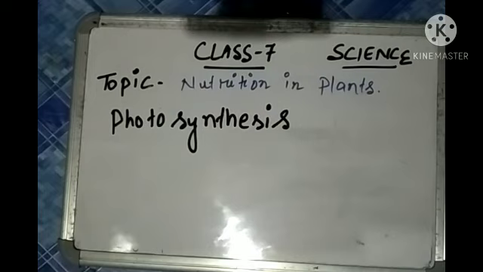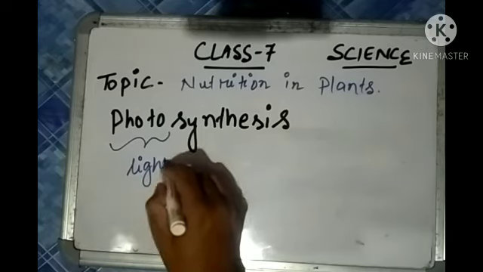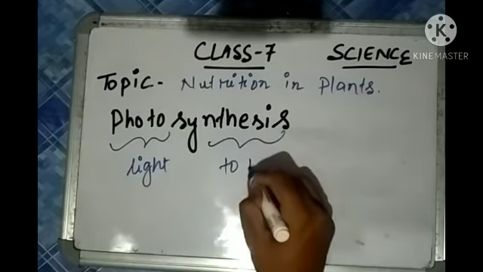As you know, the definition of photosynthesis, because this topic has been discussed since class 3, I guess. I think in the class 3 environmental science textbook the definition of photosynthesis is also given. So in 3rd standard and 4th standard you have been learning about photosynthesis. Photo means light, synthesis means to make.